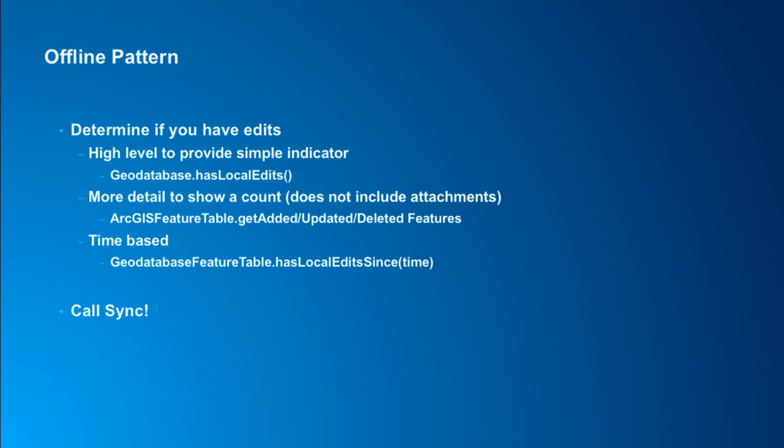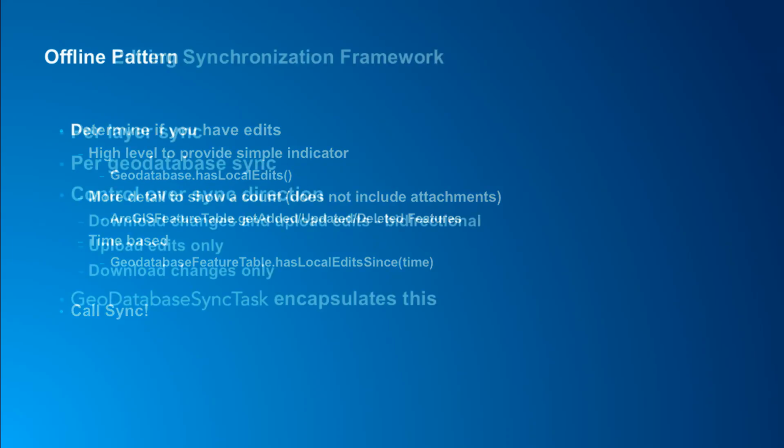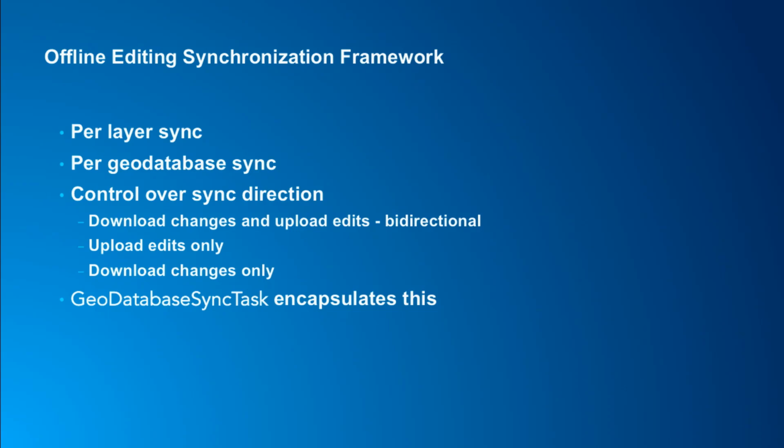There is, on the geodatabase, also a time-based feature. So you can say, have I had edits since a particular amount of time, to allow you to build user experiences around that. So the first thing you do is determine whether there are edits, and if there are edits, provide a button or automatically call sync, and we'll talk about sync in a little bit. In fact, we'll talk about sync right now.